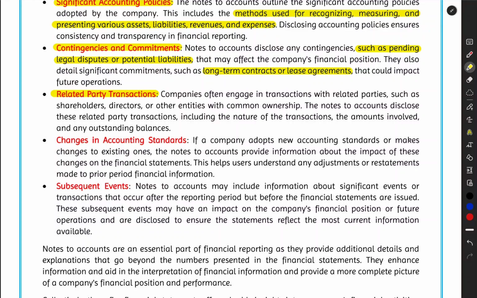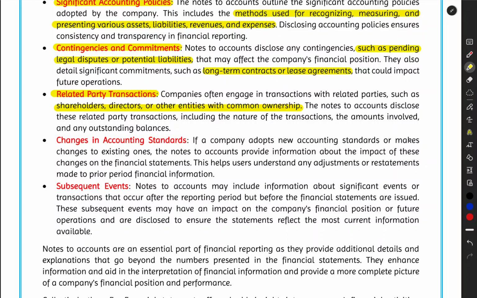Unfavorable prices, for example, the market price is 500, you are purchasing at 800 from your friend to give them more profit. So any transaction with a related party should be disclosed in the notes to accounts. All right, so companies often engage in transactions with related parties like shareholders, directors, other entities with common ownership, same shareholders, same board of directors, same KMPs, etc.